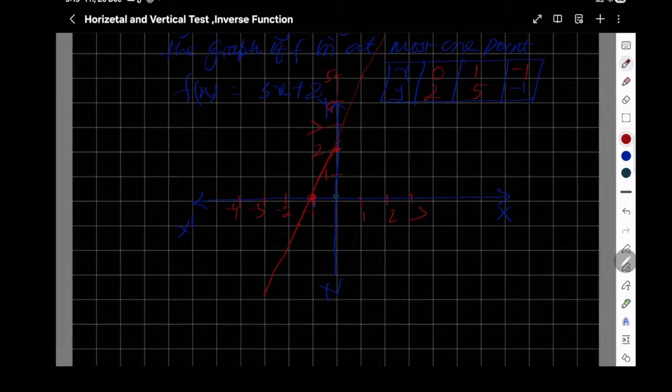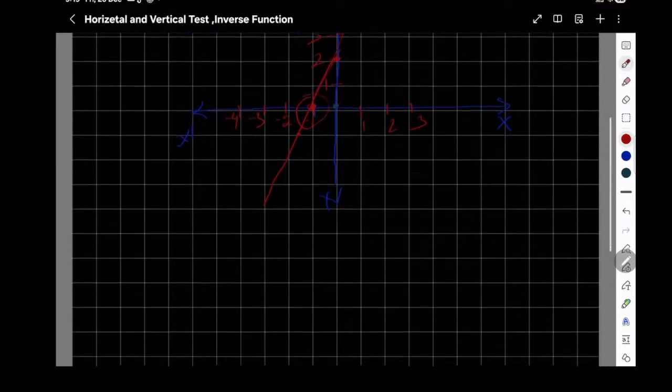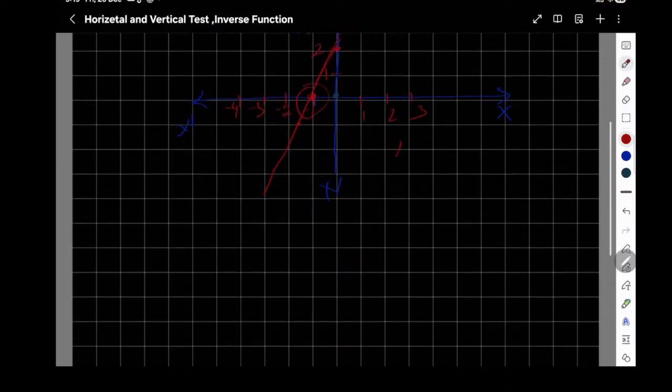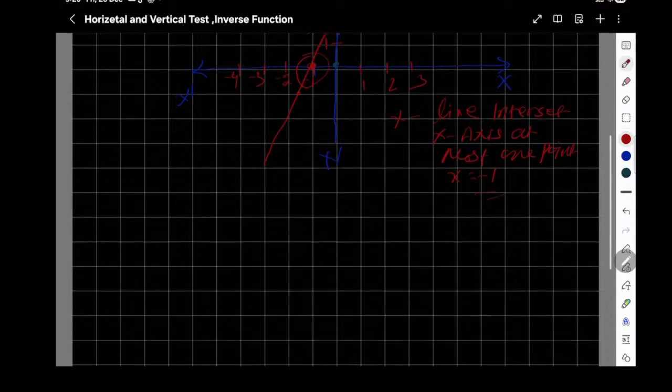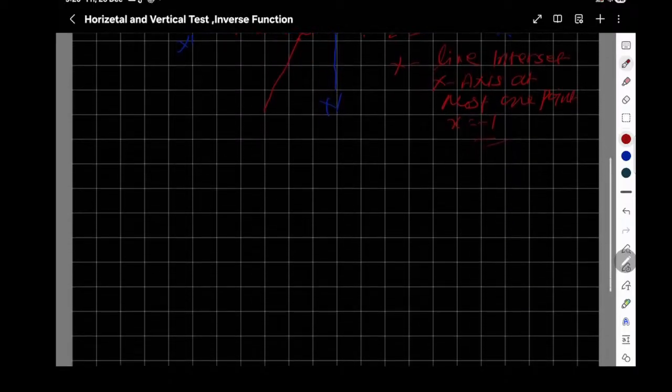That means the graph intersects at only one point. The line intersects the x-axis at most one point, x = -1. This is called the horizontal line test.